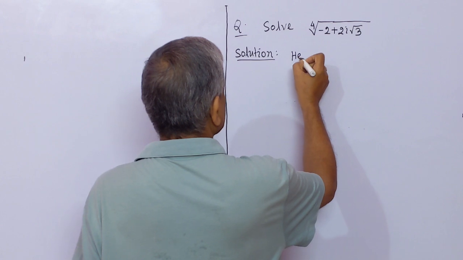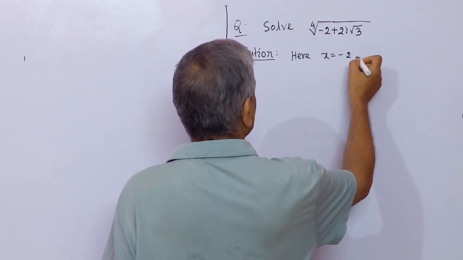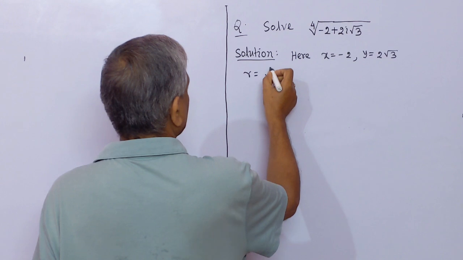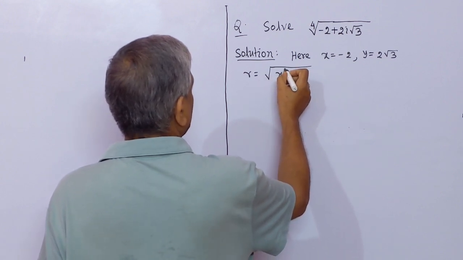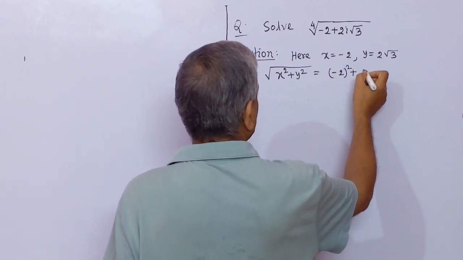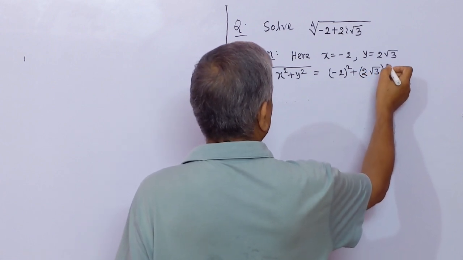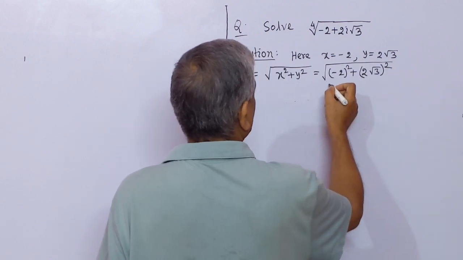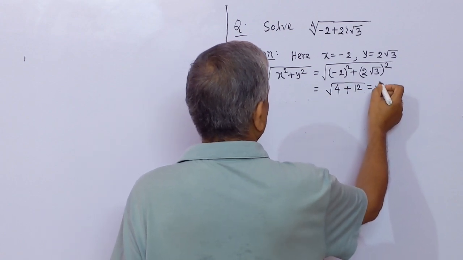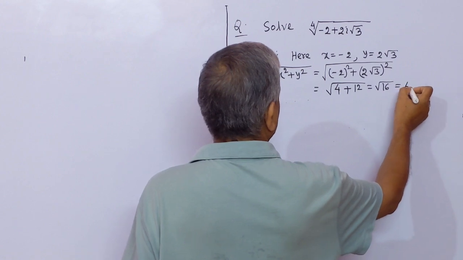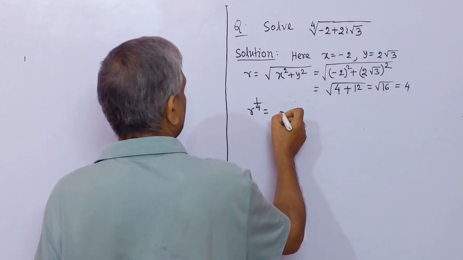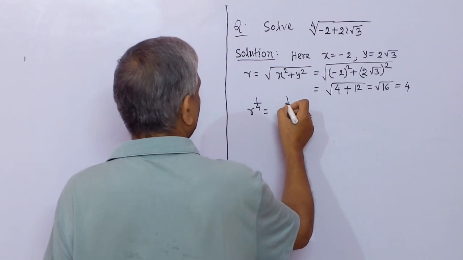Here x equal to minus 2, y equal to 2 square root 3, r equal to square root of x square plus y square, that is, square root of (minus 2) whole square plus (2 square root 3) whole square, and this is 4 plus 12, square root 16 equal to 4. r to the power 1 by 4 means 4 to the power 1 by 4.